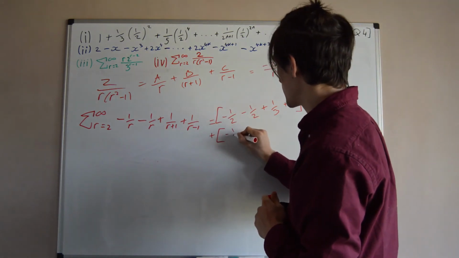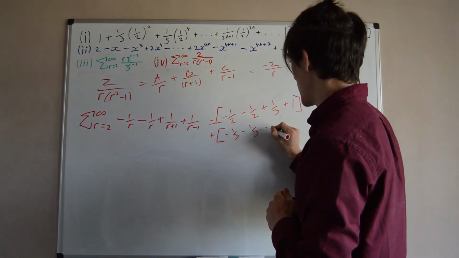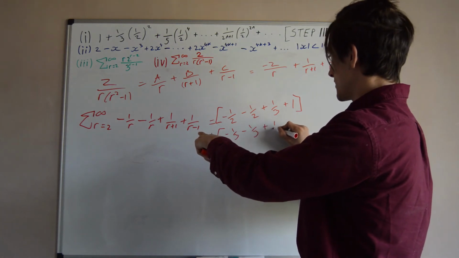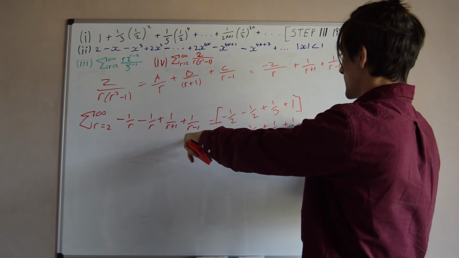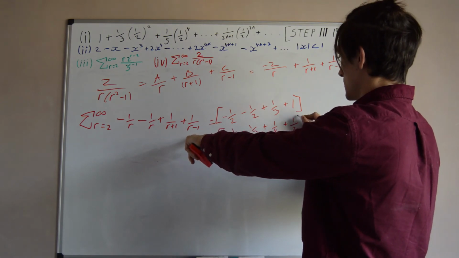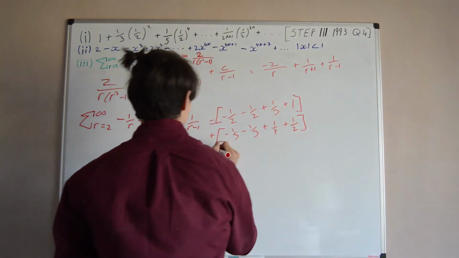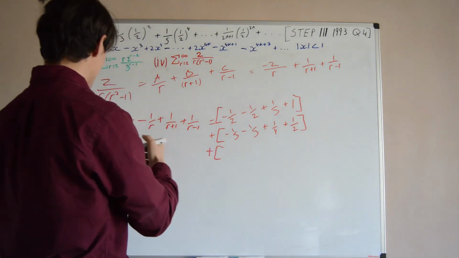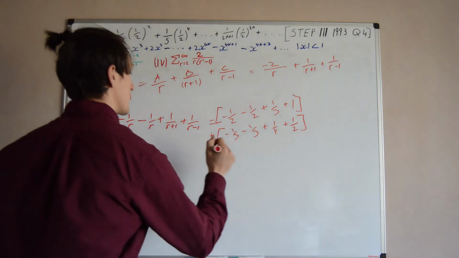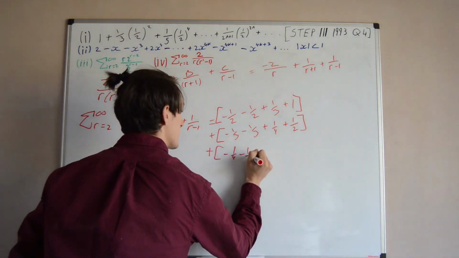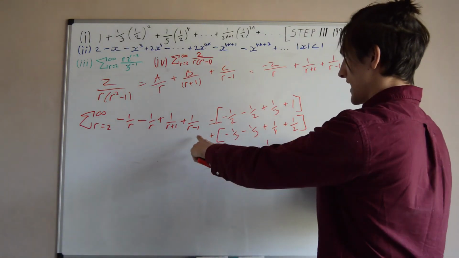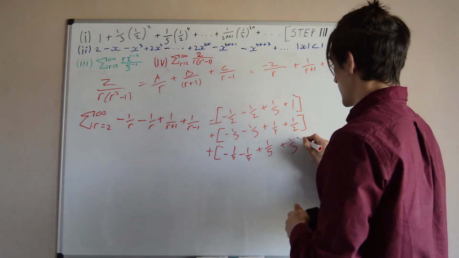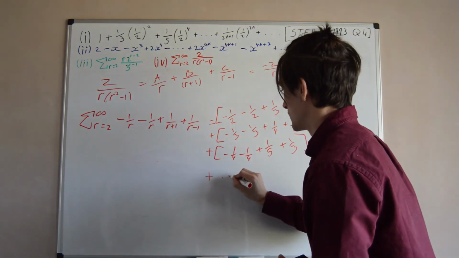So I get minus a third plus a fourth and plus, so r equals 3 here, so this makes this 2. And then again, I'll do this one more time. So now we'll try r equals 4. So we get minus a quarter. R equals 4 here, you get plus a fifth. R equals 4 here, you get plus a third. And then it's plus dot dot dot.